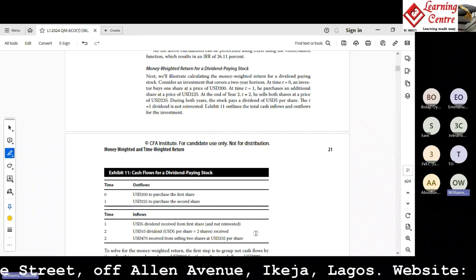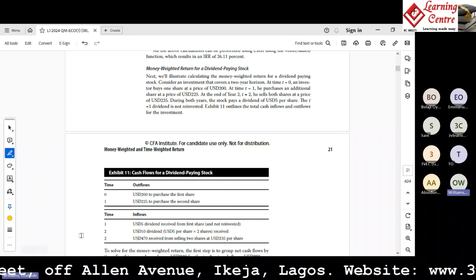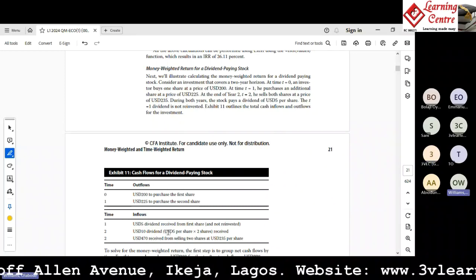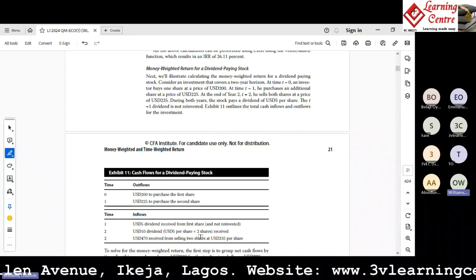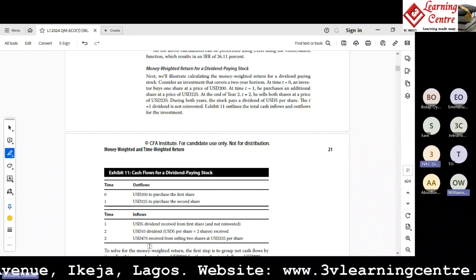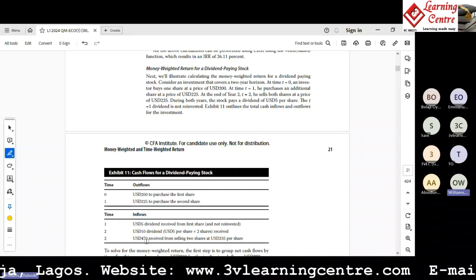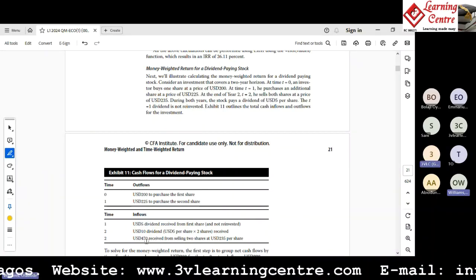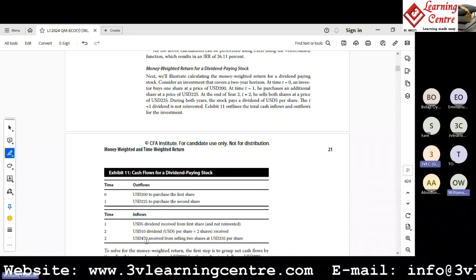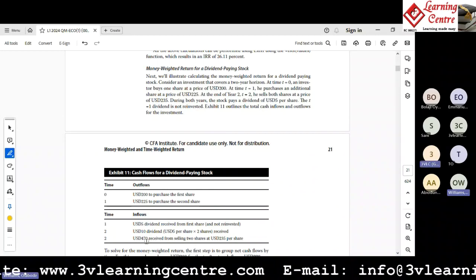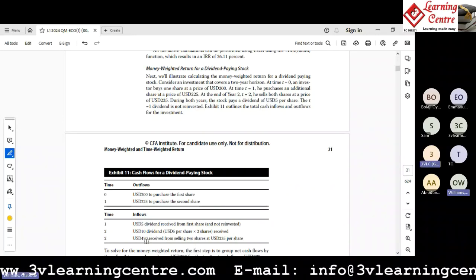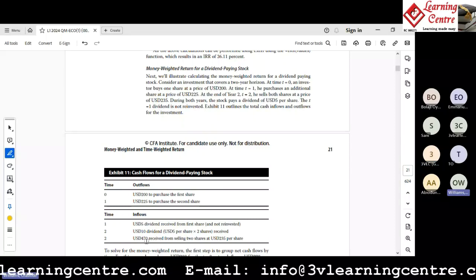That is your T2 dividend, $10, which is $5 per share times 2 shares. At the end of the period, you sold the two shares you have for $235, which means you got an inflow of $470 at the end of year 2.